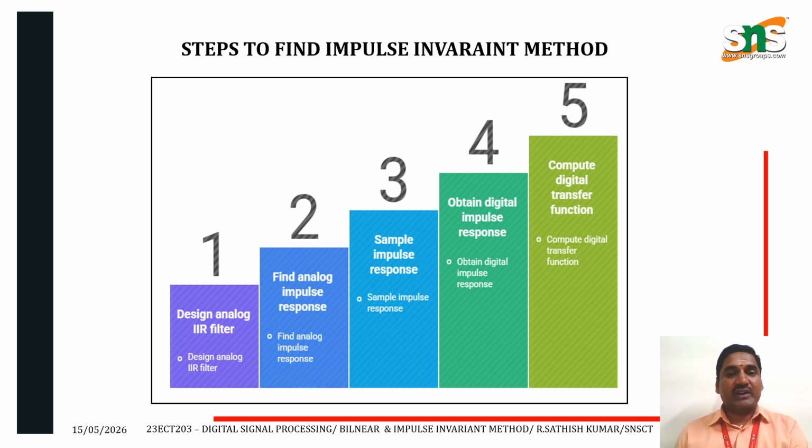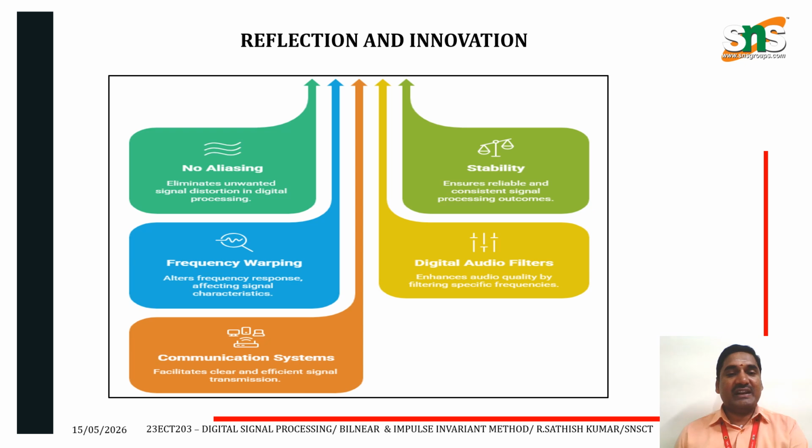Next one, steps of the impulse invariant method. Design the analog IIR filter, find the analog impulse response, then sample the impulse response, obtain the digital impulse response, and compute the digital transfer function.